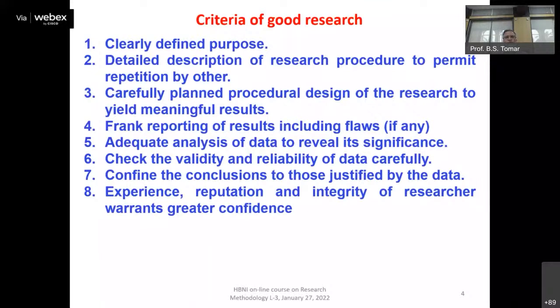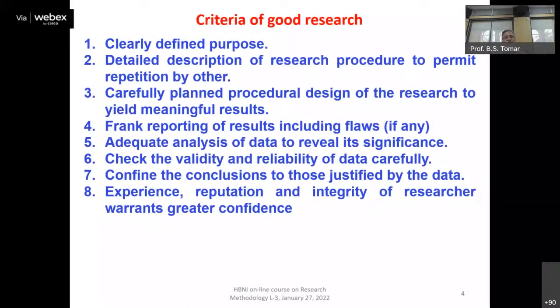Also, the frank reporting of results, including the flaws. If there are any flaws, it is always good to report the flaws if there are any problems. Particularly, there are situations where you don't have a good resolution.